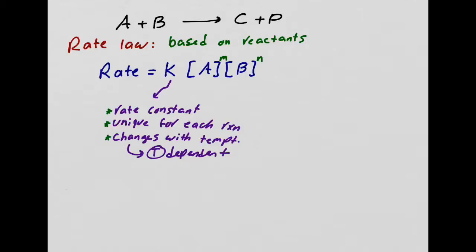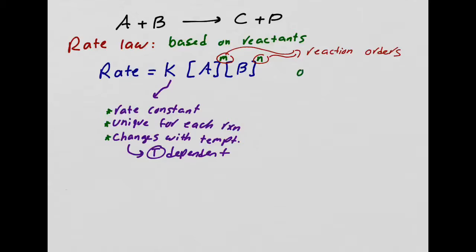Now, the last thing you're probably going to ask me is, well, hold on a second. What is this M and what is this N? Those are reaction orders, okay? Those are reaction orders.